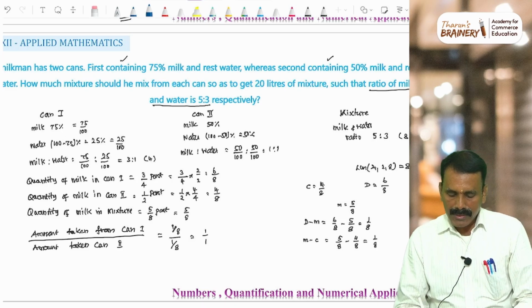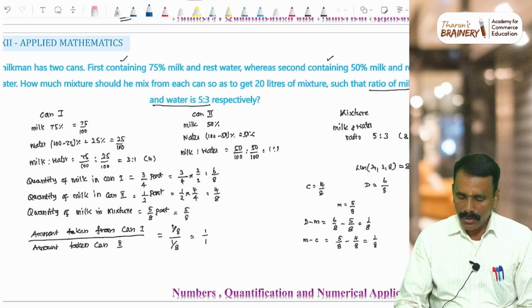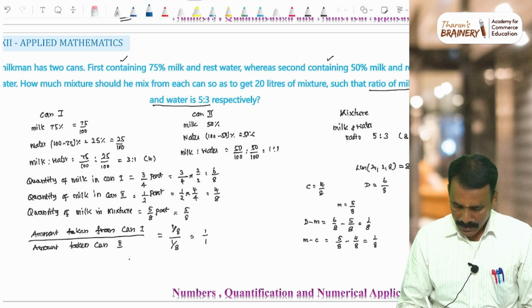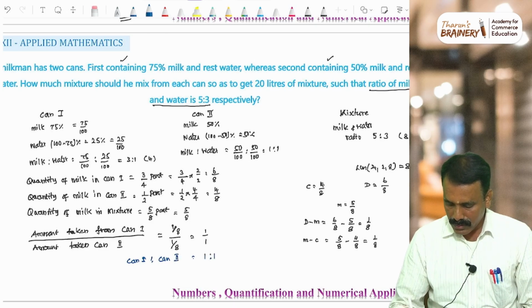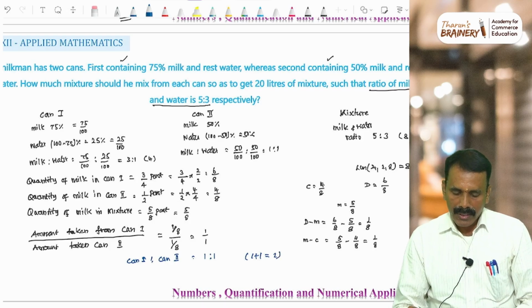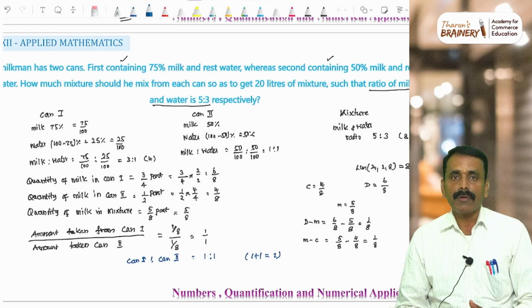So the ratio of the mixture from can 1 and can 2 is going to be 1:1. So can 1 is to can 2 is equal to 1:1. So the total ratio will be 1 plus 1, that is equal to 2. Now we are going to find how much we have to take from can 1 and how much from can 2.